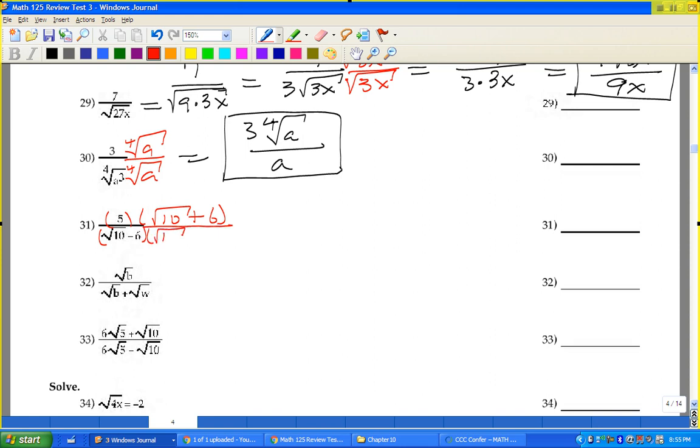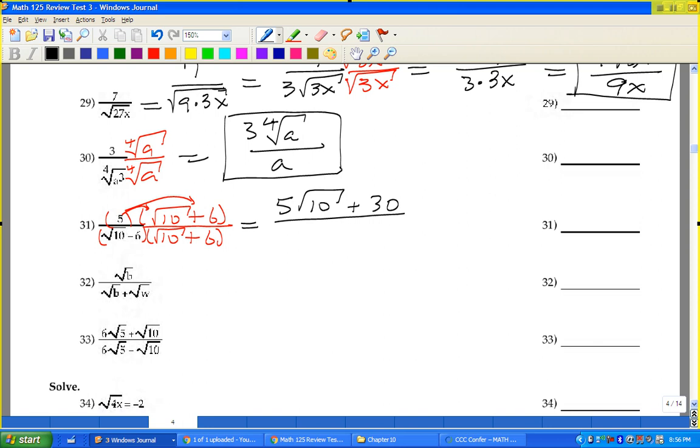So rad 10 plus 6. So this is equal to, let me multiply the 5 inside the parentheses. And so I get 5 rad 10 plus, well, 5 times 6 is 30 over rad 10 minus 6 times rad 10 plus 6.